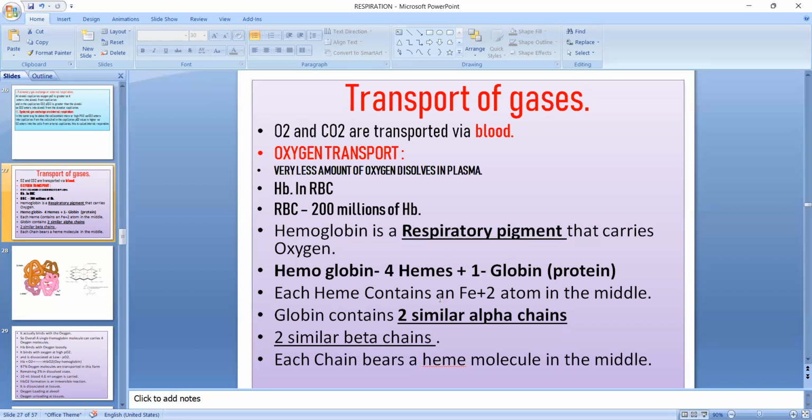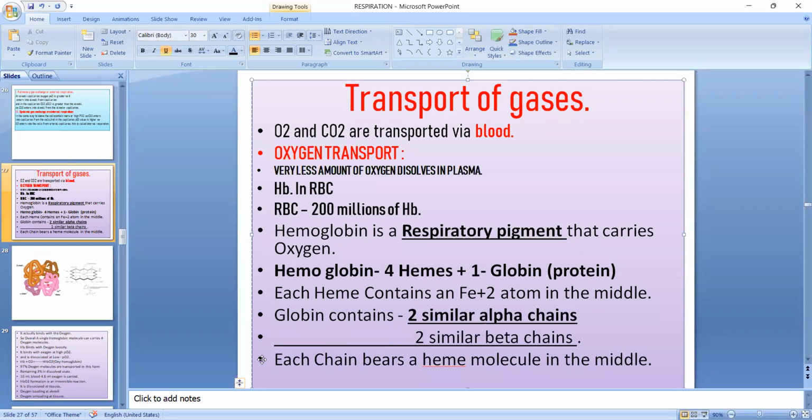Each heme contains an iron Fe+2 atom in the middle. Globin contains two similar alpha chains, two similar beta chains.